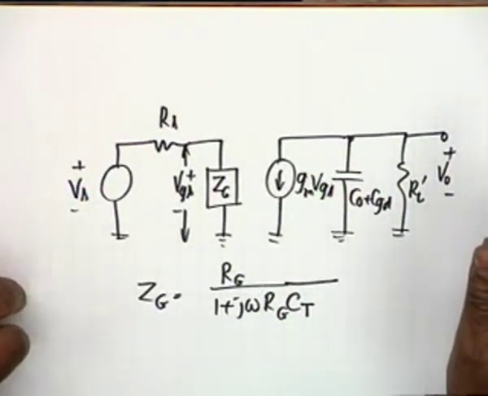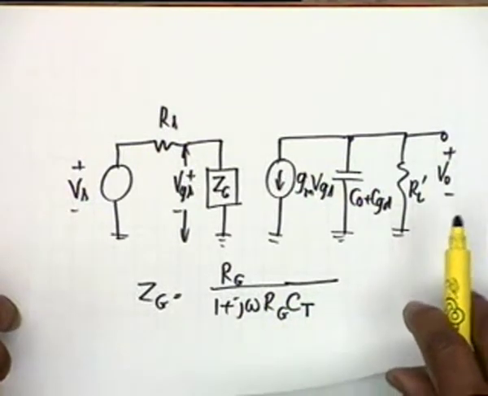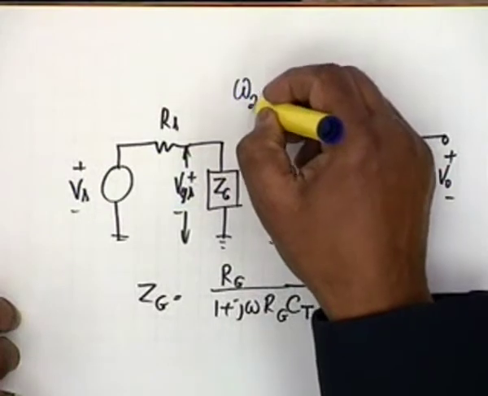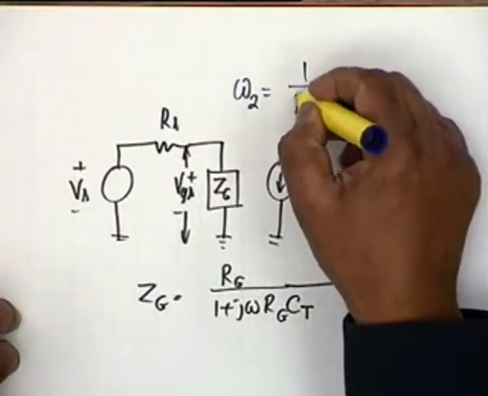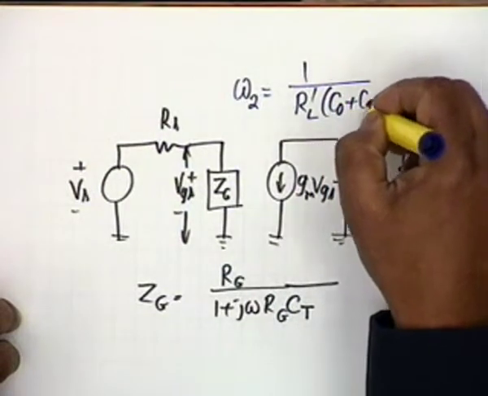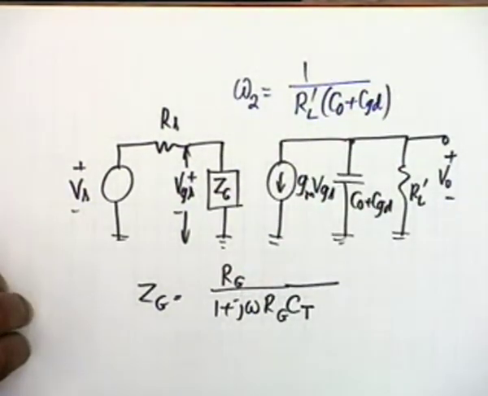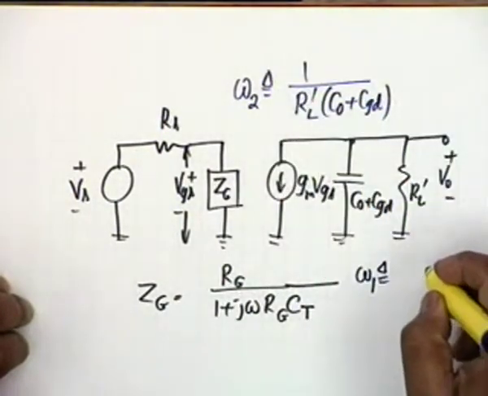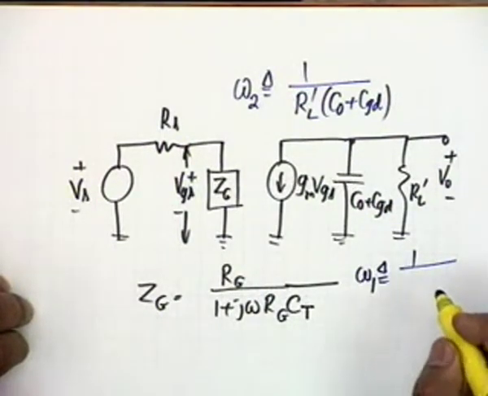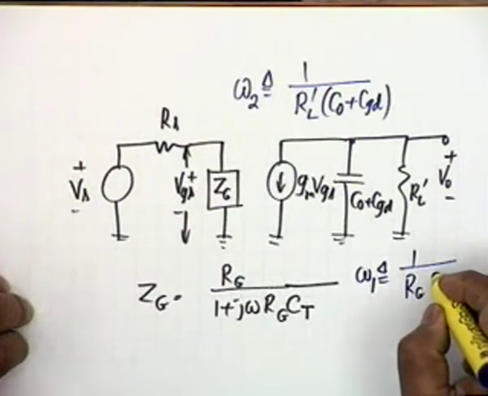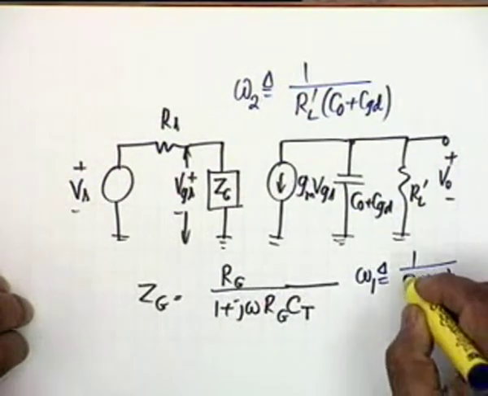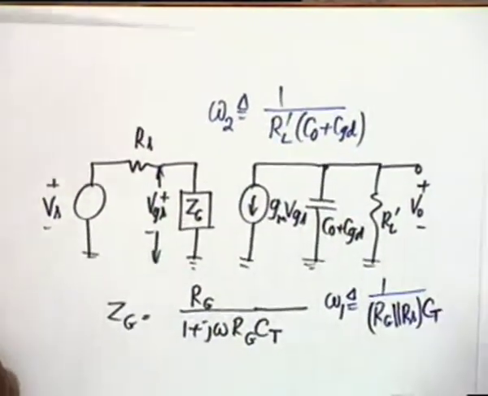And as usual, the same relationship would be true. That is, if we define, let me do it in this figure itself, omega 2 as 1 over RL prime times C0 plus CGD, okay, and omega 1 as what? 1 over Rg parallel Rs, do not forget this, multiplied by Ct.